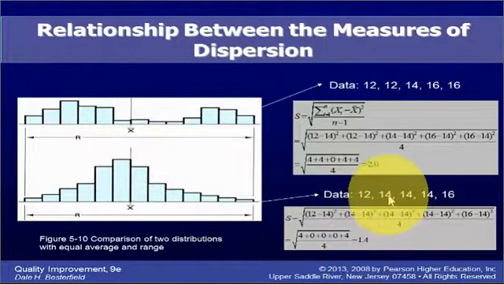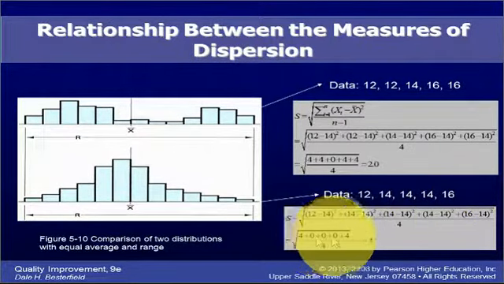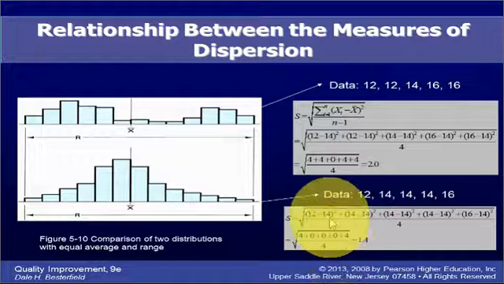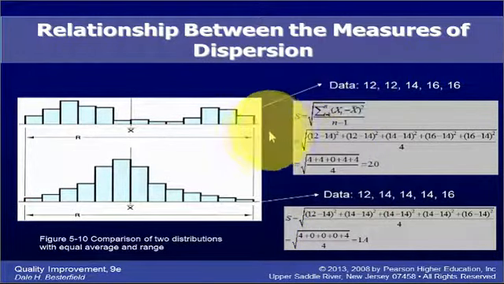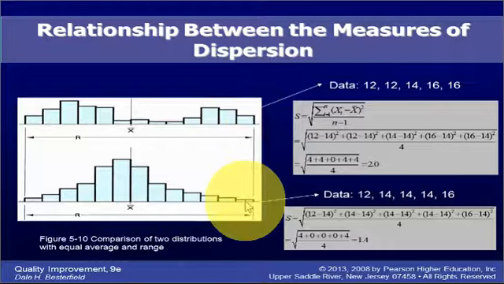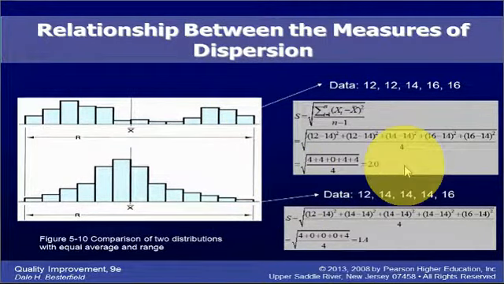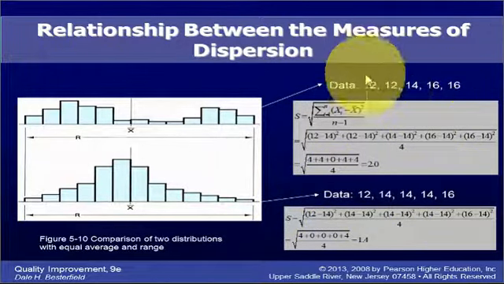As you can see, because all these three numbers are identical to the average, we have a lot of zeros here. Therefore, this standard deviation is smaller than the first data set. So in this case, using the range cannot differentiate the dispersion of these two data sets, but if you use the standard deviation, you can tell that this set of data has better quality than that set of data.